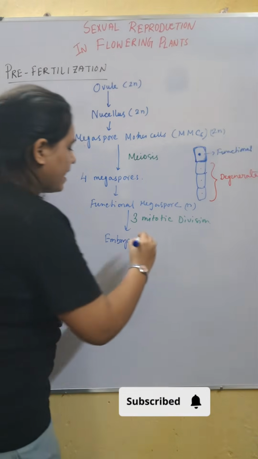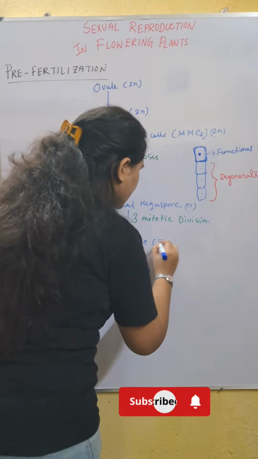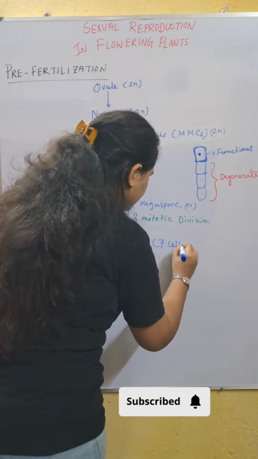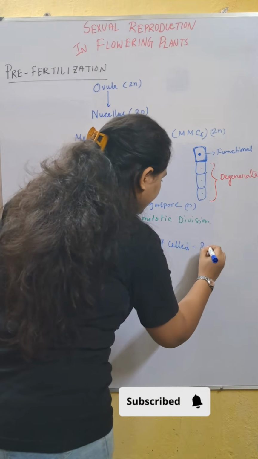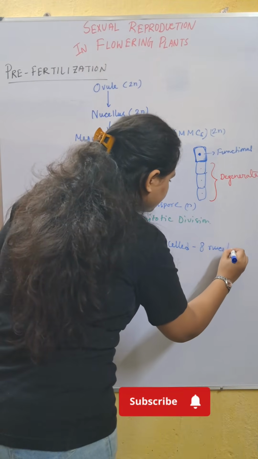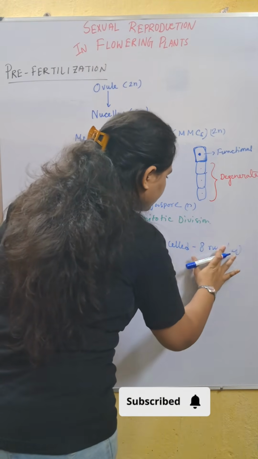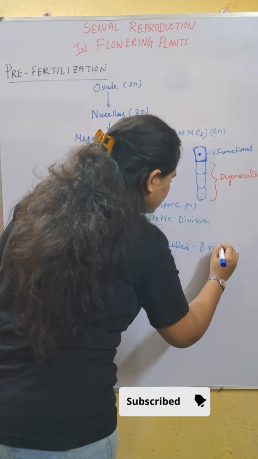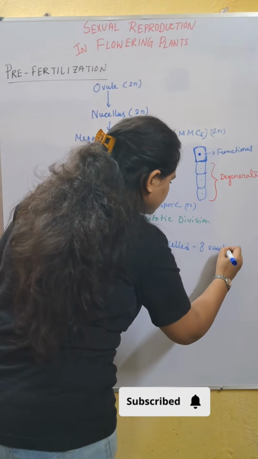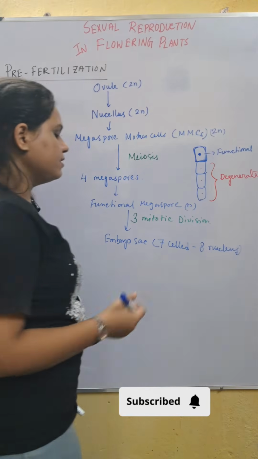This embryo sac, as I said, will have a 7-celled structure and 8 nuclei.